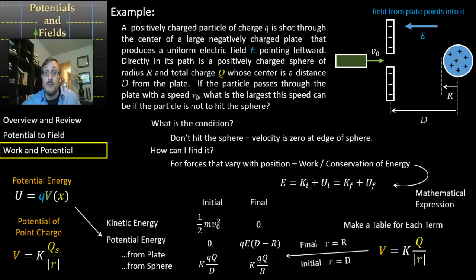It's the distance from the center to the field point. The field point is right outside of the sphere, which is a distance r, the radius of the sphere. And then all the way out here is this D. And so the initial potential energy is kQq over D. So little q, of course, again, being the charge of the moving particle, big Q being the charge of this guy.